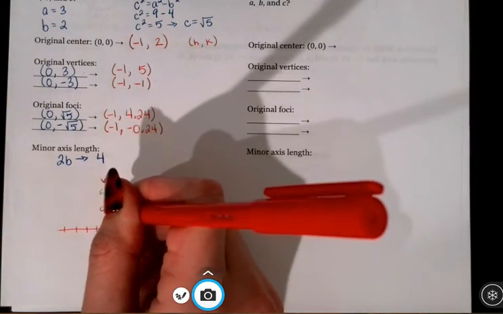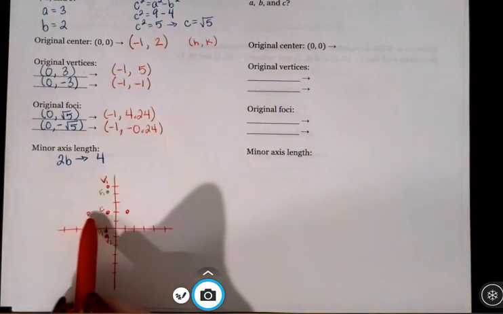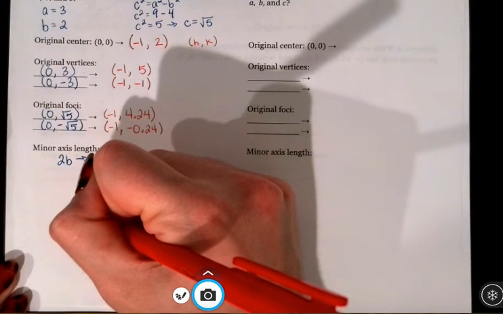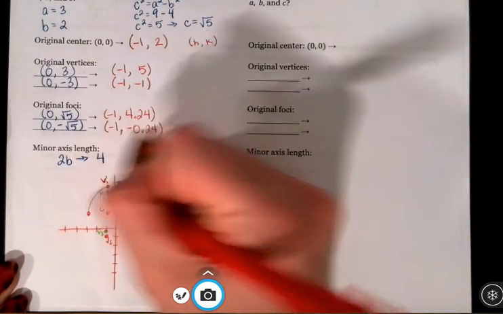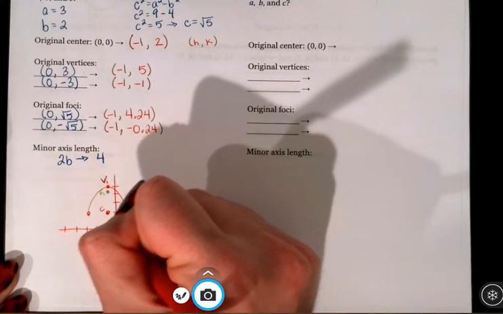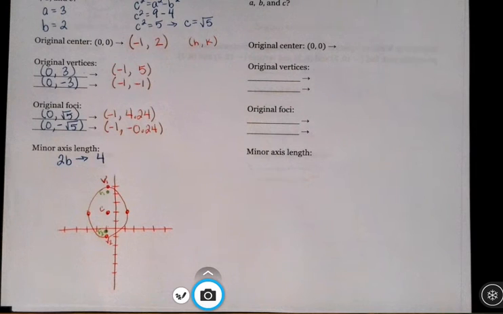And then starting at my center again, I go 2 in the opposite direction to get a total length of 4. And now I can connect my dots to form my ellipse. So I go up to one of my vertices, and, oh gosh, it's a little wonky, but it's okay. And that's our ellipse.